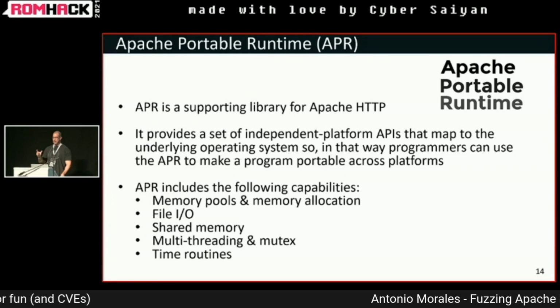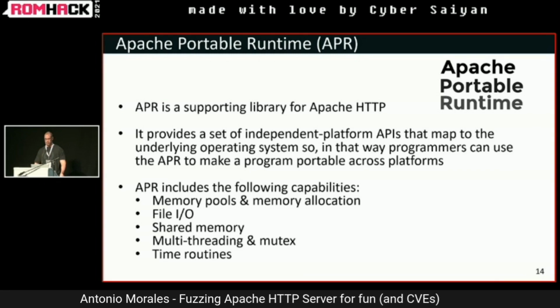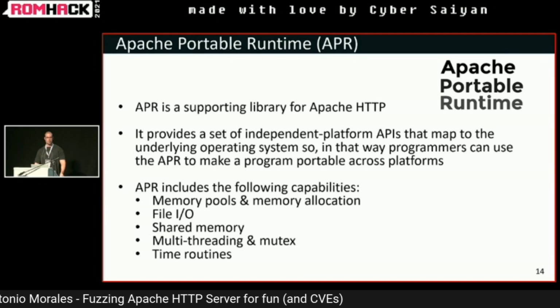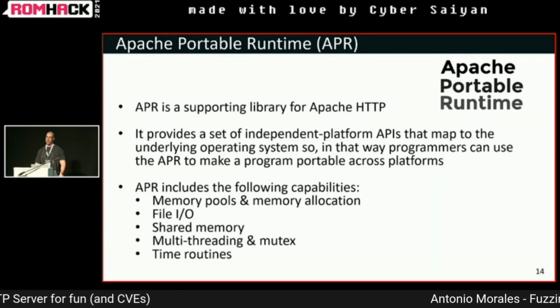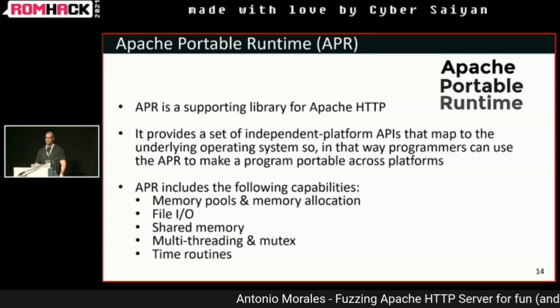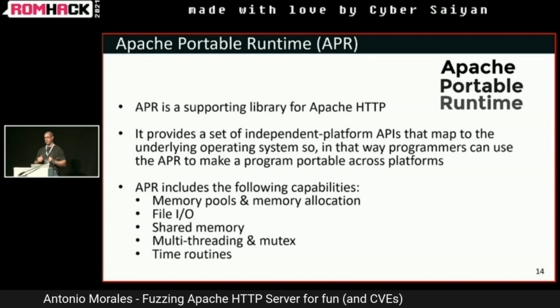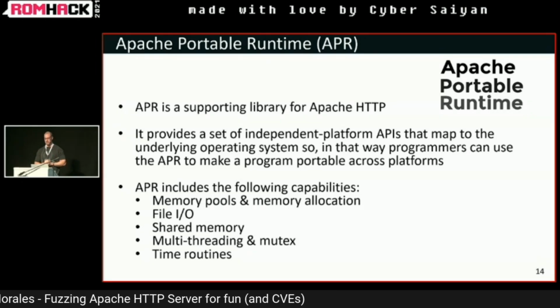And then we have the third main component of the Apache architecture, the Apache Portable Runtime. APR is a supported library for Apache. It provides a set of APIs that make it possible to use the same functions across different platforms, across different operating systems.